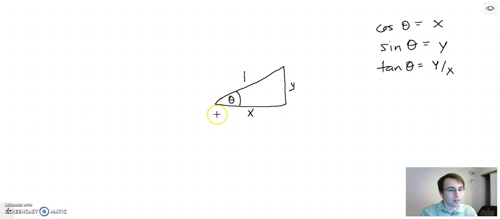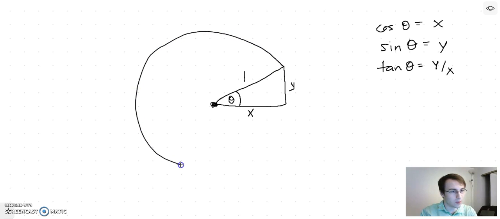So what the unit circle does is it puts this triangle inside of a circle with the radius 1.